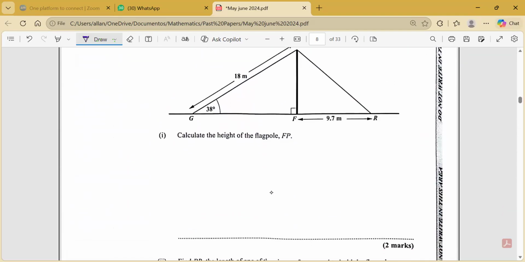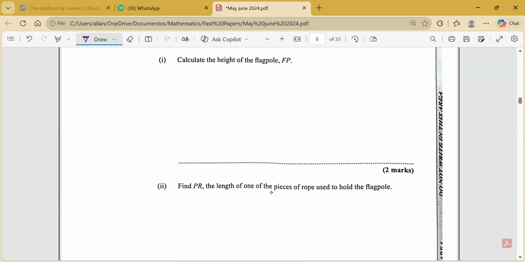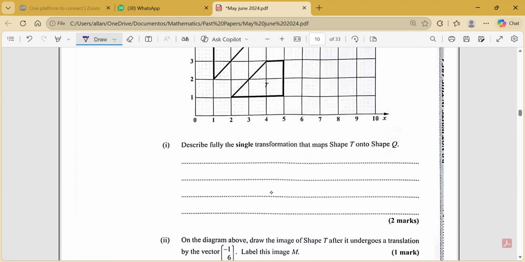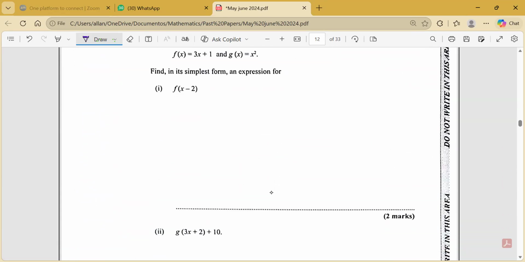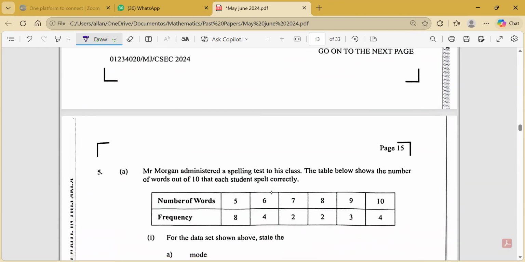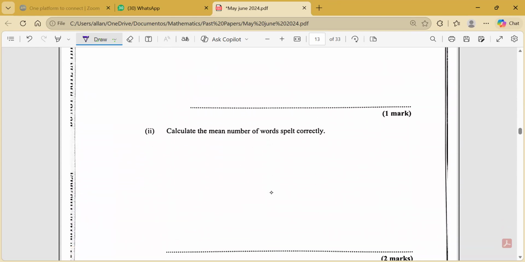And then I'm going to go to 2025 and do 1 to 3. Then I'm going to come back to this paper, and then I'm going to do question 4 and question 5.